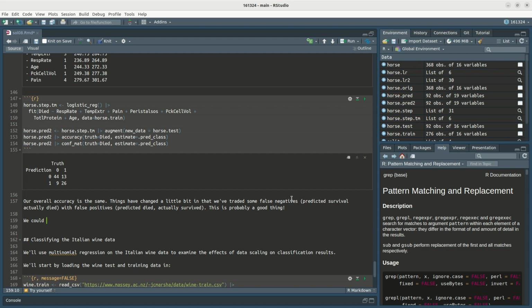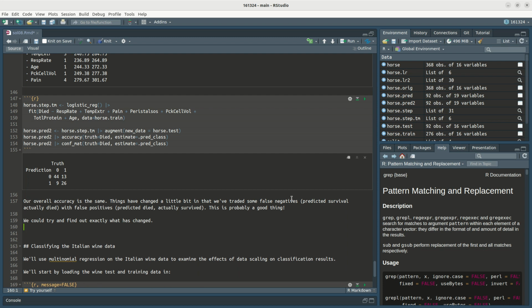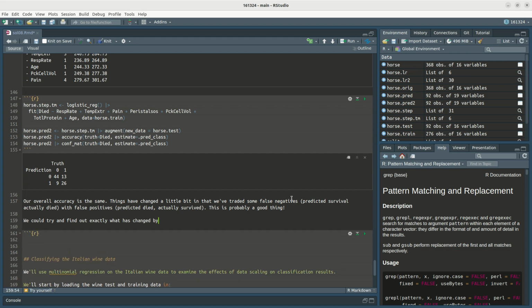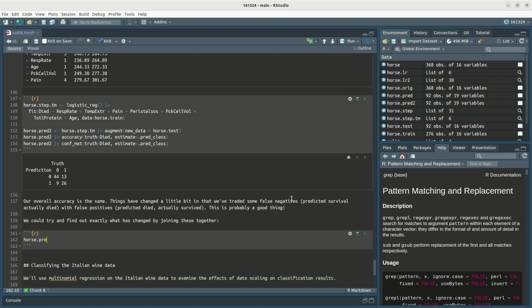This is probably a good thing. We could try and find out exactly what has changed, because we could look at the individual predictions, right? So what we could do is join these together. So we could go horse.pred, that's our first prediction. We could just pull out, let's have a look.